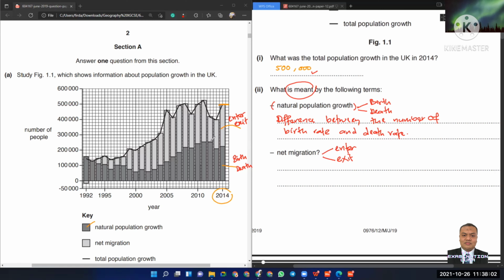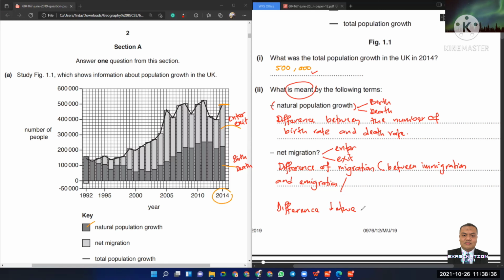Therefore, dia punya definitionnya adalah it is all about the difference of migration, the difference of migration yang mana between immigration and emigration. Okay.